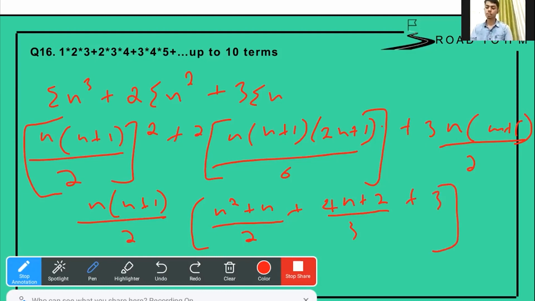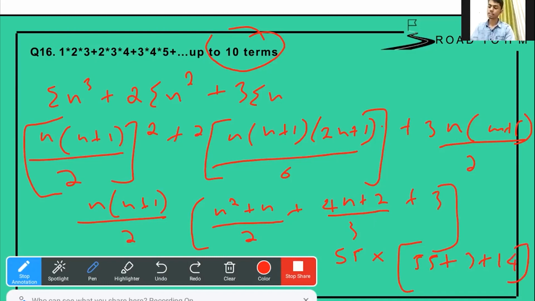And then substitute the values. Now it's pretty simple, simplified. So we already have this with us, 10 terms. Substitute 10 in place of n. We get 5 multiplied by 11, 55, multiplied by 100 plus 10, 55 plus 3, plus 42 by 14, right? 42 by 3, 14.